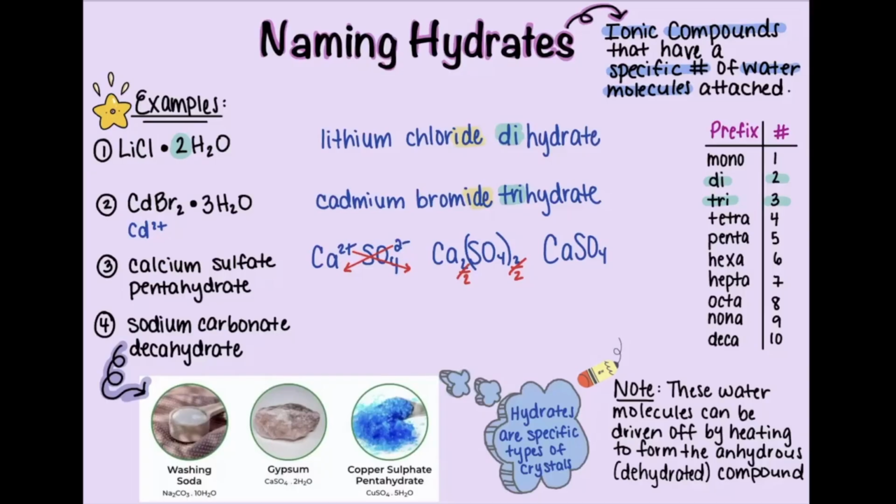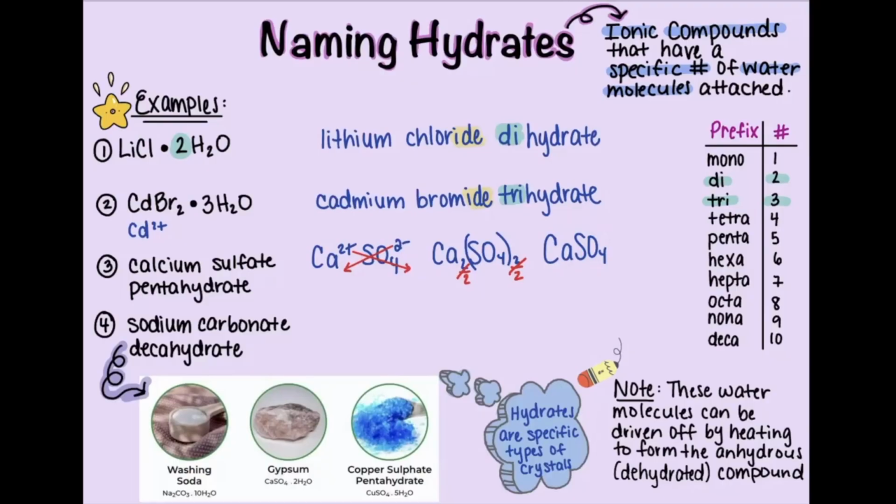And so in this example, even though you technically dropped a 2, which is greater than 1, because it's simplified to a 1-to-1 ratio, in other words, for every 1 calcium, you have 1 sulfate present, you do not need to add a parentheses around the sulfate. It's implied that there's only 1 sulfate ion present.